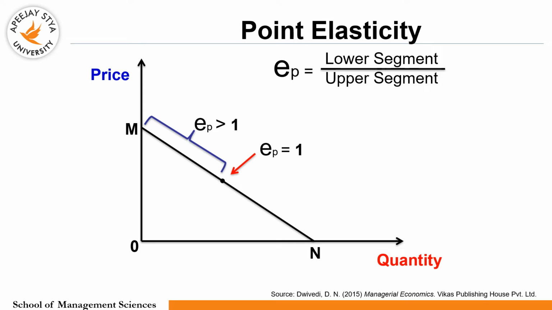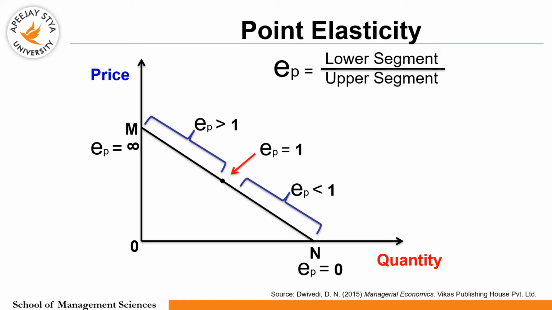Similarly, any point in between the point where elasticity is 1 and the point N, you will find the value of price elasticity of demand will be less than 1. Any point on the price axis, the price elasticity of demand will be infinite. Similarly, any point on the quantity axis, the value of price elasticity of demand will be equal to 0.